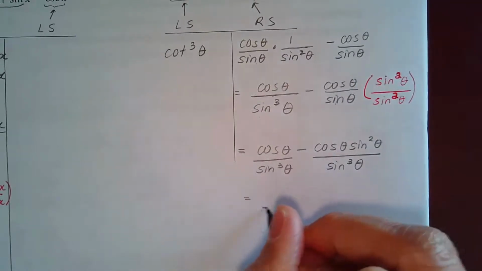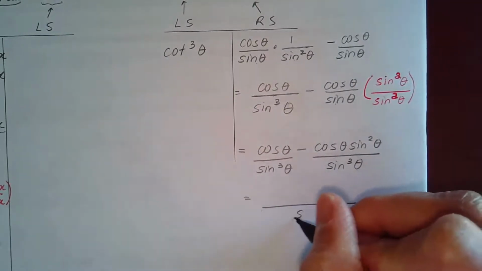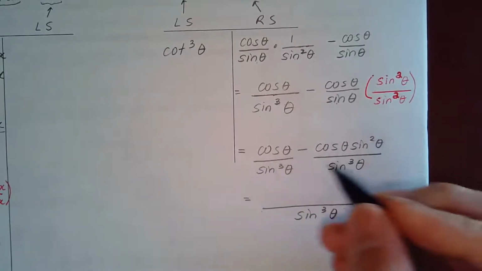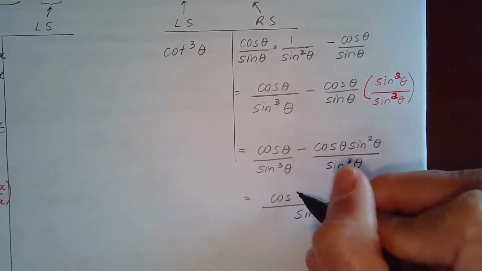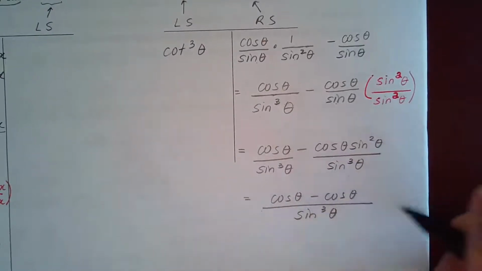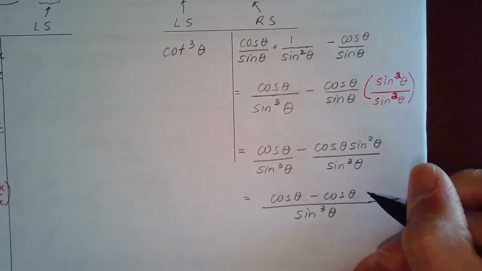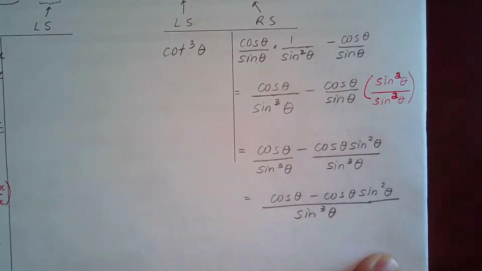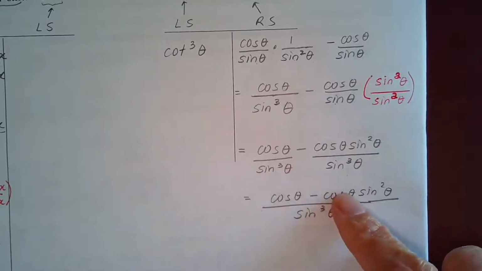So let's combine them. It's going to be sine cubed theta, and then the numerator would be cos theta minus cos theta times sine squared theta. Okay, that looks like a mess. So what can we do?